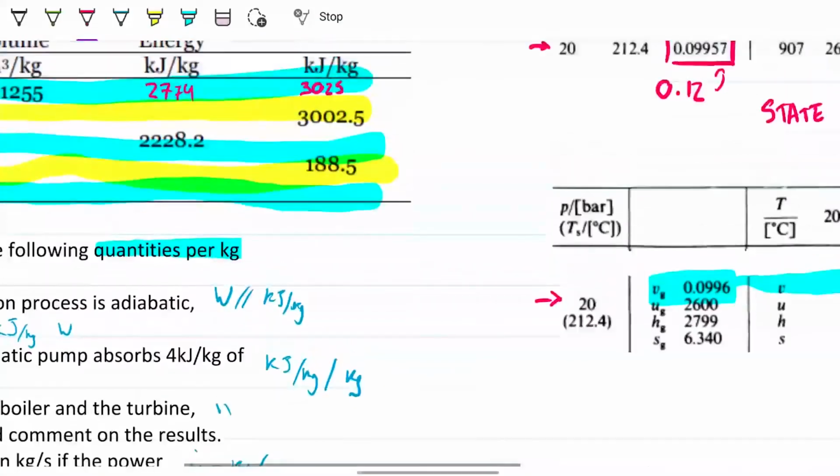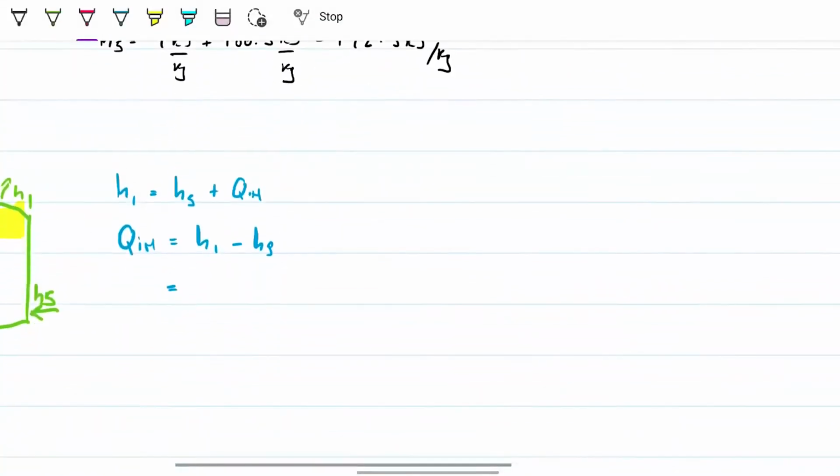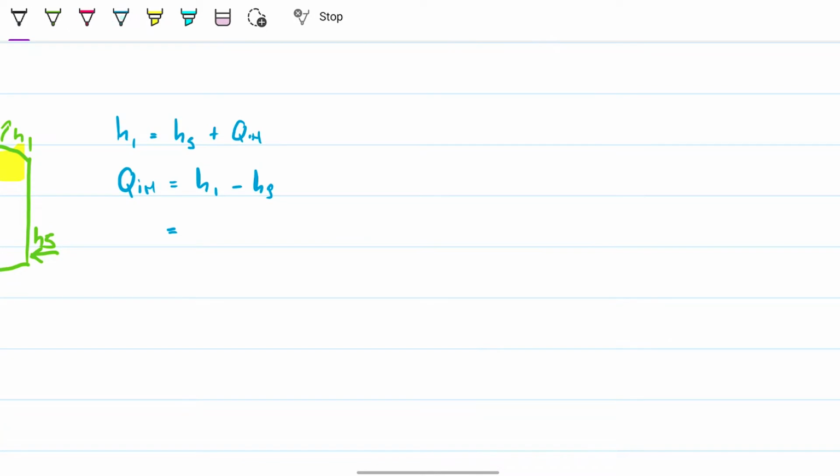So 3025 minus the work we just found, sorry, not the work, state 5, 192.5. The units are the same, so no problems there. Q in is 2832.5.